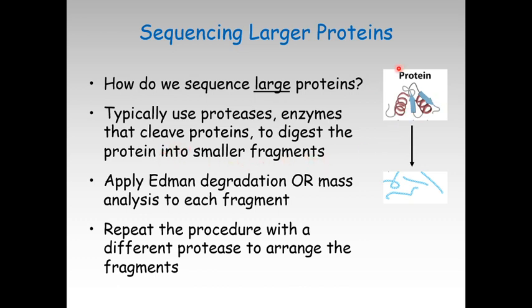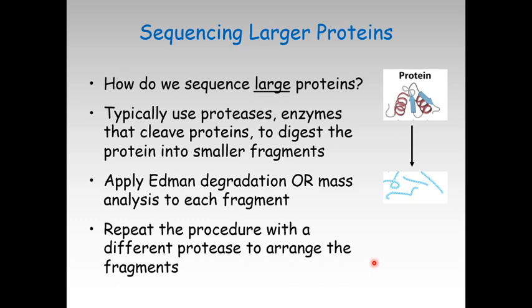So if you have a larger protein, you need to first make sure to digest it into smaller fragments using enzymes called proteases, and then apply Edman degradation on these small peptides, or use mass spectrometry to analyze each fragment. You have to repeat this process with a different protease to arrange the fragments.